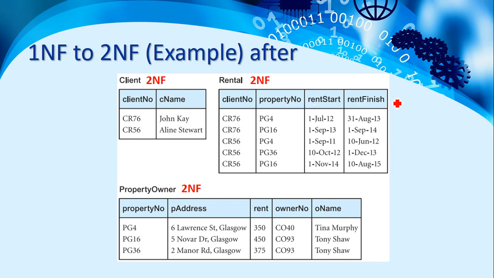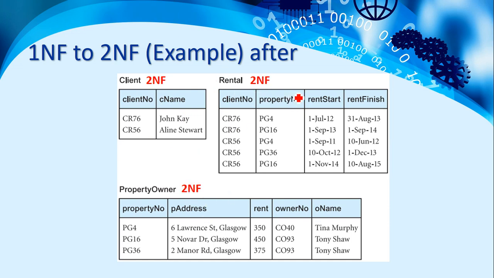The client name is gone from it, the property address is gone, the rent, the owner number, and the owner name are gone, because they were moved to another table. So all of these are already in 2NF.